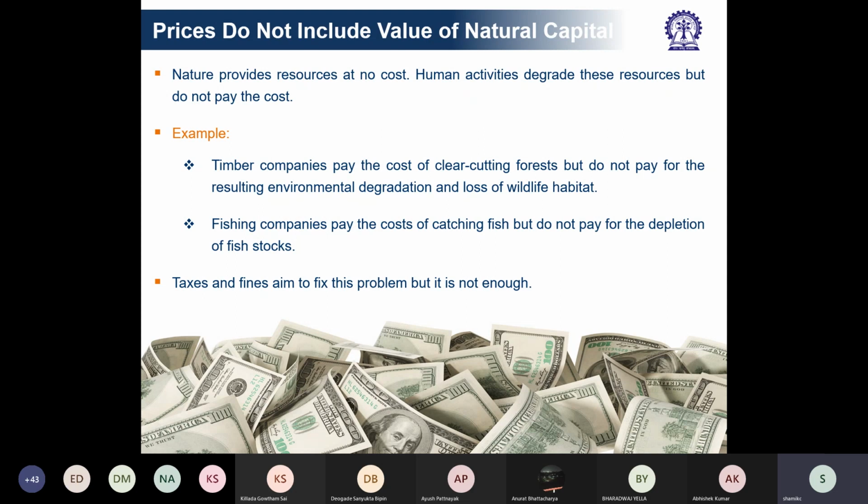Similarly, timber companies pay the cost of clear cutting forests, but they never pay for the resulting environmental degradation and loss of wildlife habitat.